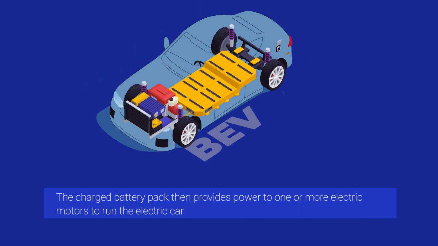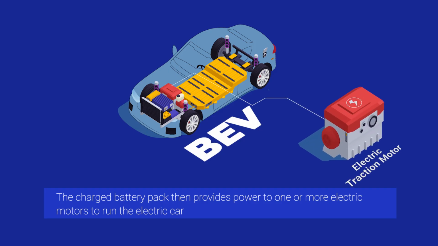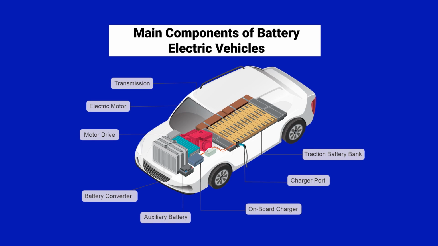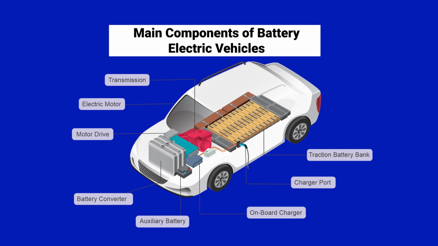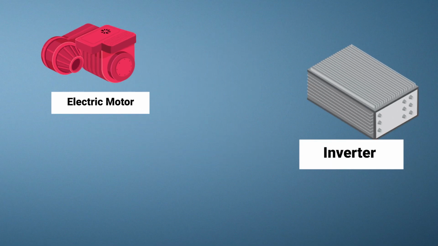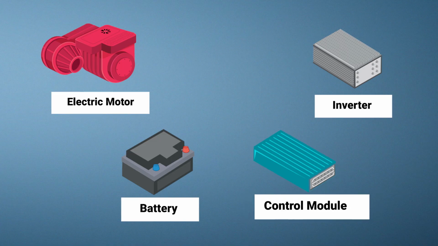The charged battery pack then provides power to one or more electric motors to run the electric car. So viewers, the main components of battery electric vehicles are the electric motor, inverter, battery, control module, and drivetrain.